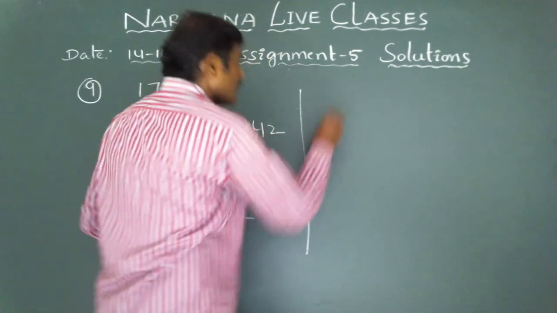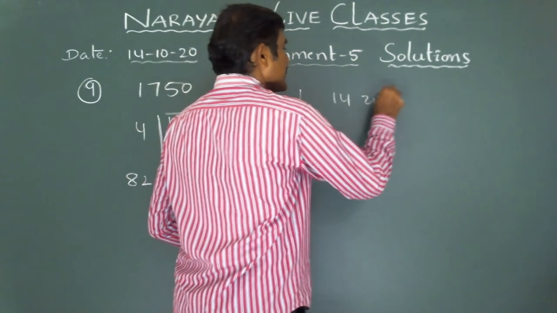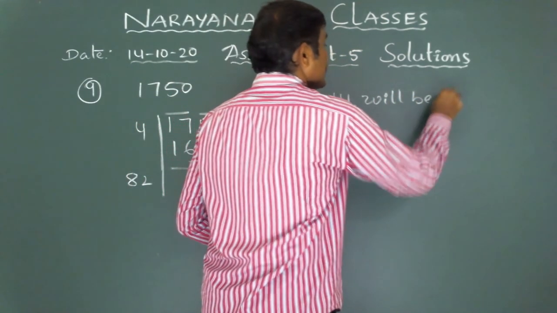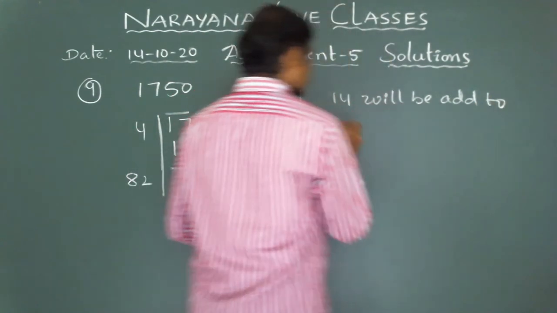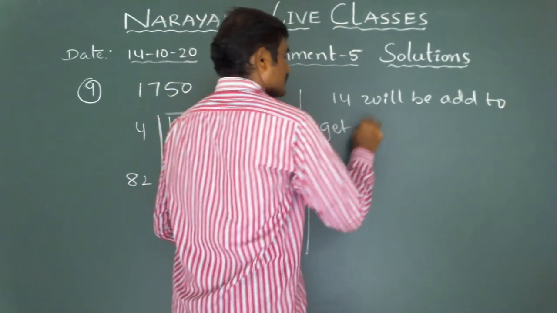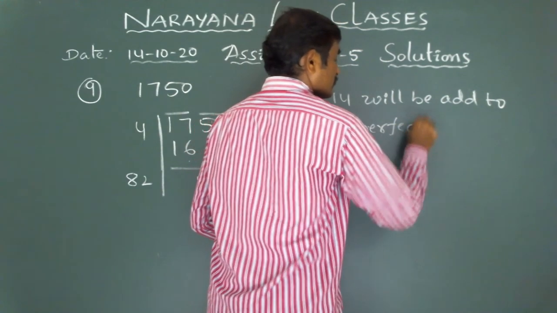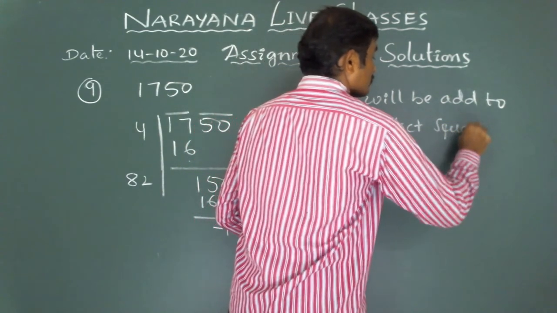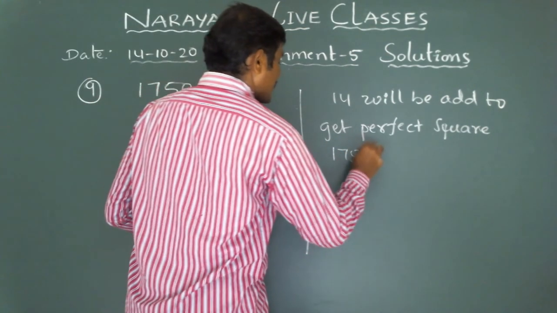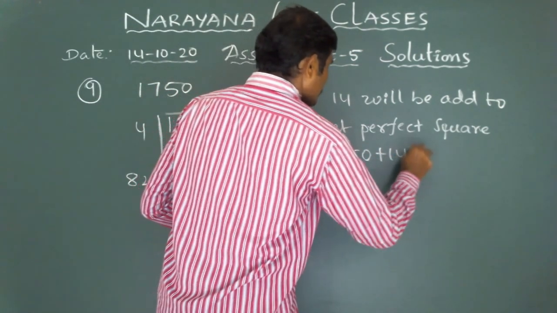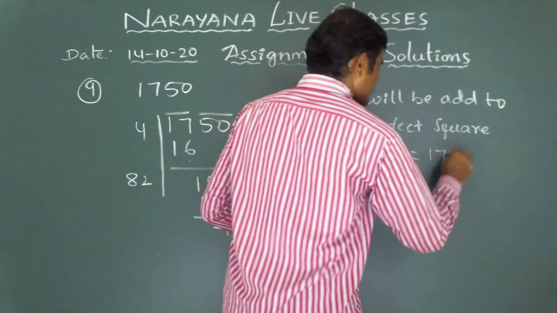So then what will we do? 14 will be added to get a perfect square. So what is that perfect square? 1750 plus 14 is equal to 1764.